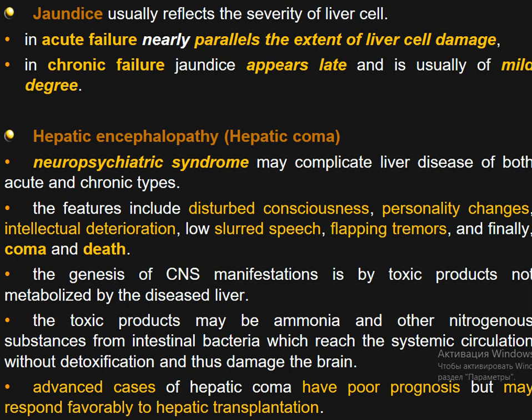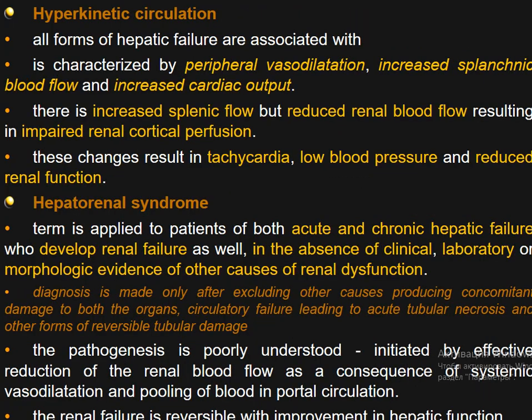The genesis of CNS manifestation is by toxic products not metabolized by the diseased liver, and the toxic products may be ammonia and other nitrogenous substances from intestinal bacteria which reach the systemic circulation without detoxification and thus damage the brain. Advanced cases of hepatic coma have poor prognosis but may respond favorably to hepatic transplantation.